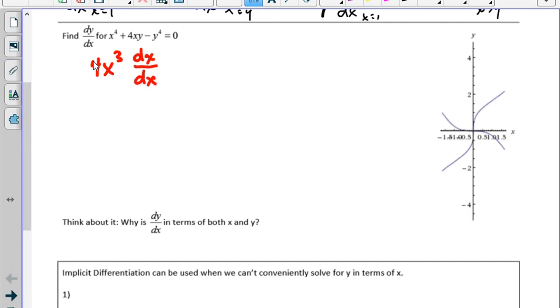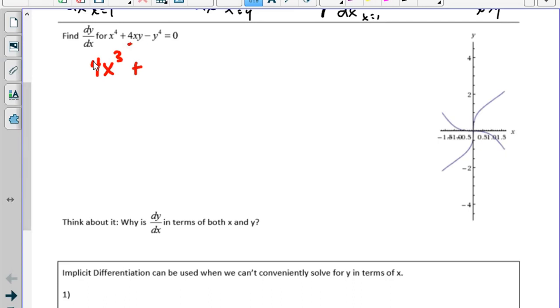Now, just intuitively, we think that the derivative of x with respect to x is going to be 1. And that's because when you change x a certain amount, x is going to change the exact same amount. So we typically don't write dx dx because it ends up being 1. But that's something that happens all the time when we take a derivative with respect to x. That plays an important role as we move along in this.